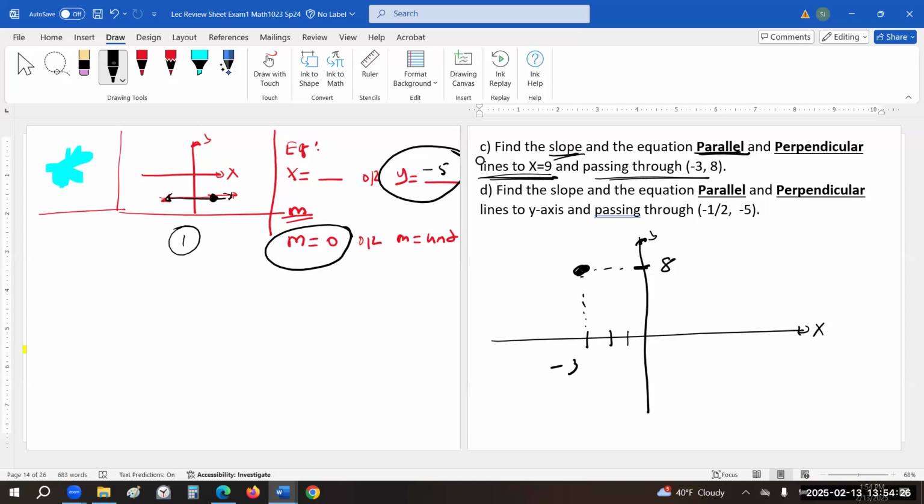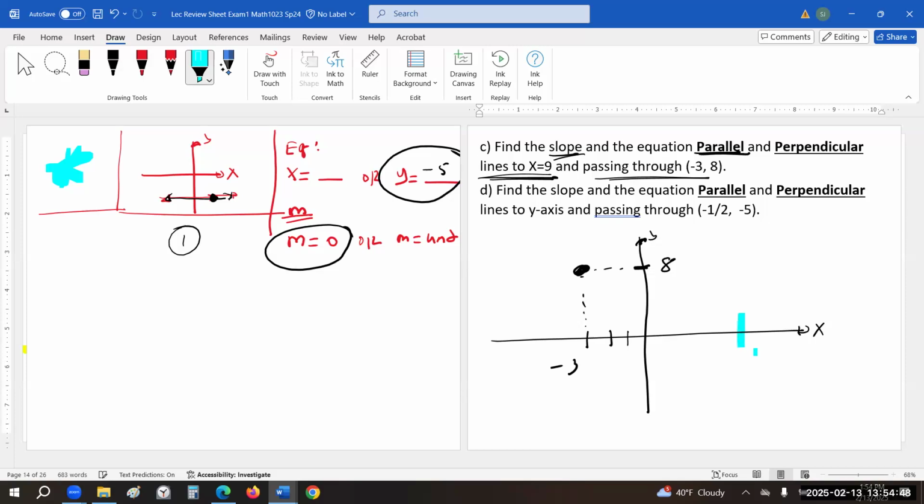They're not using the x-axis or y-axis. They're telling us the x equals 9 line. What is the line parallel to the x equals 9 line? Do you see where x equals 9 is? You don't see it, right? So make it visible. Let's draw the x equals 9 line.